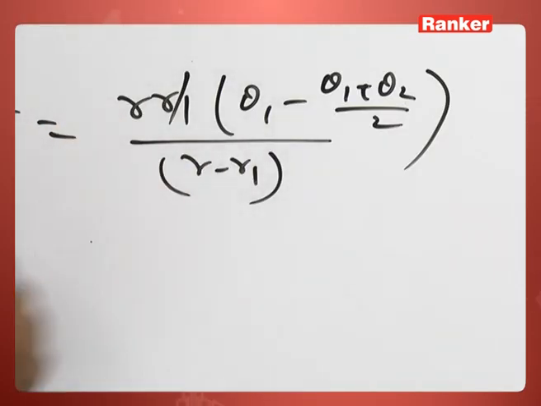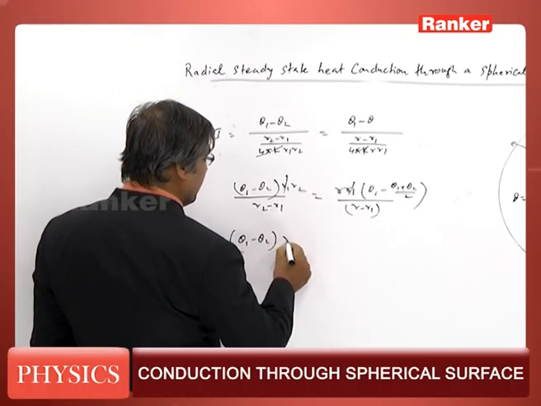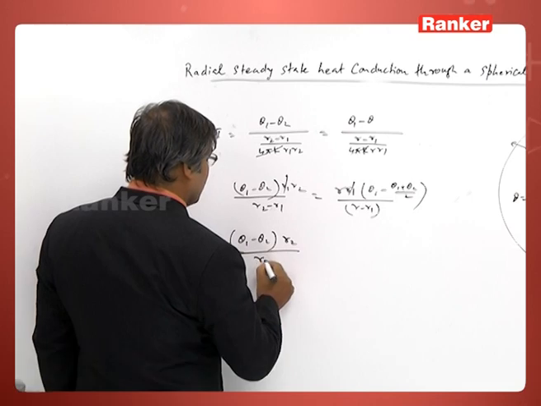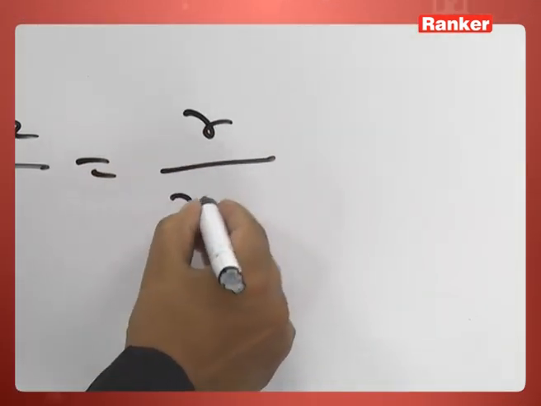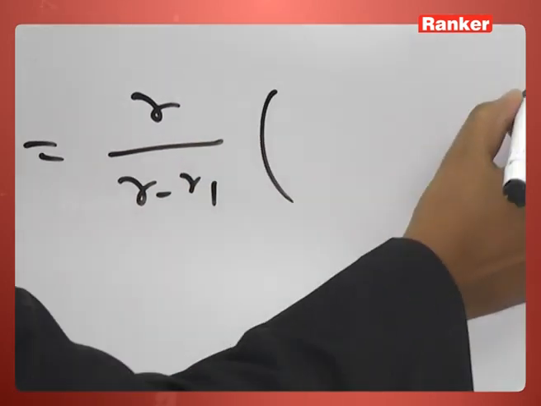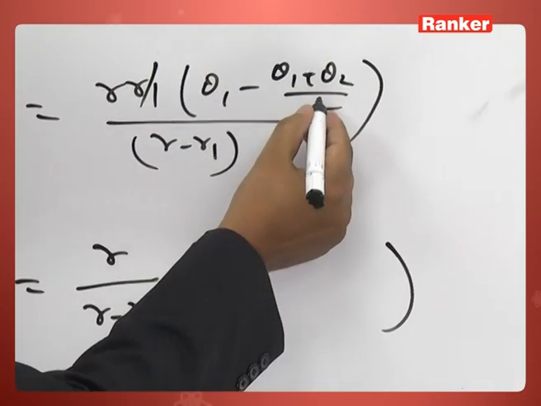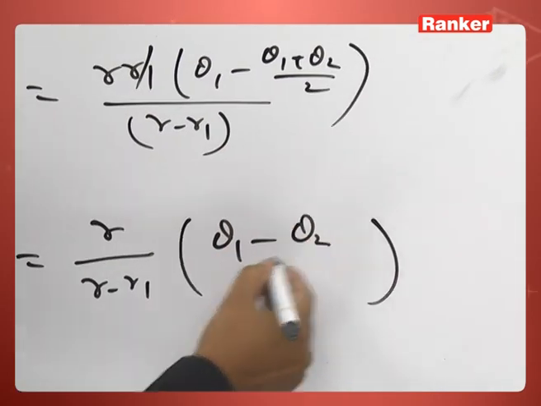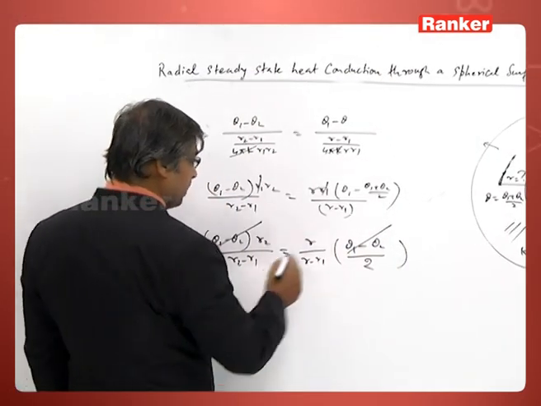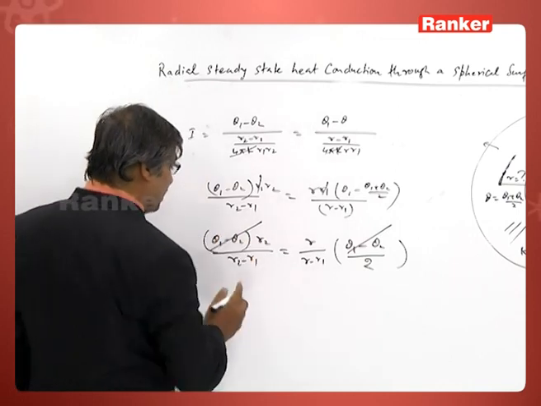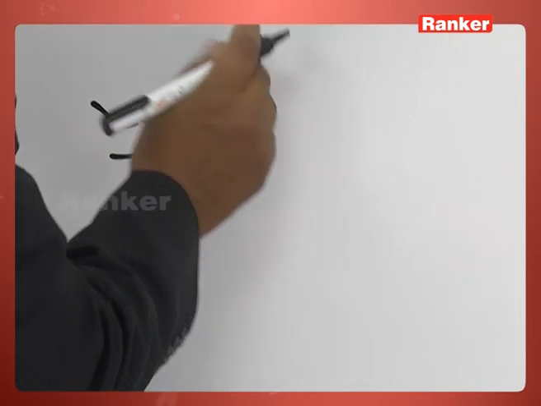We are interested in R. Let us simplify: theta 1 minus theta 2, we have R2 by (R2 minus R1), here only R by (R minus R1), this is 2 theta 1 minus theta 1, that is theta 1 minus theta 2 by 2. This one cancels. I am interested in R.